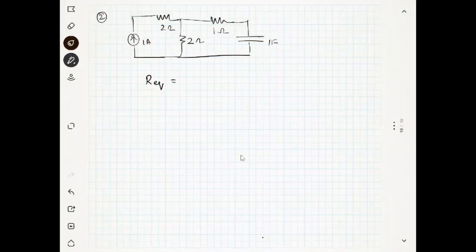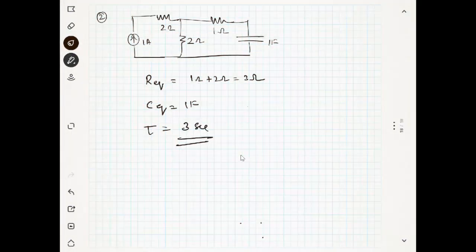You have to open circuit the current source. Then R equivalent will be 1 ohm plus 2 ohm, 3 ohm, and C equivalent is 1 farad. So the time constant is 3 seconds. That's it. We have finished that kind of problems.